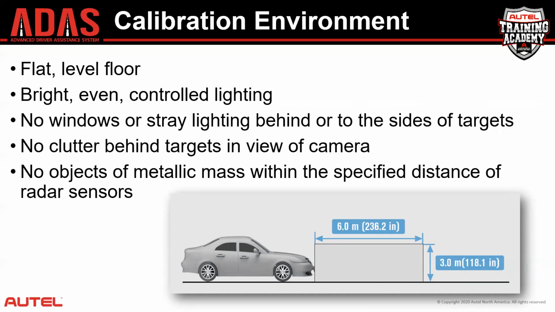So when you're placing a target, the camera assumes that you did everything right, and the only thing it's going to be seeing in front of the vehicle is the target. If you've got clutter in the background, something like that, and the camera happens to see what appears to it to be maybe a checkerboard pattern, it could actually calibrate on a different object, different than your target, and calibrate successfully. But when you test drive the vehicle, the system may not function properly.